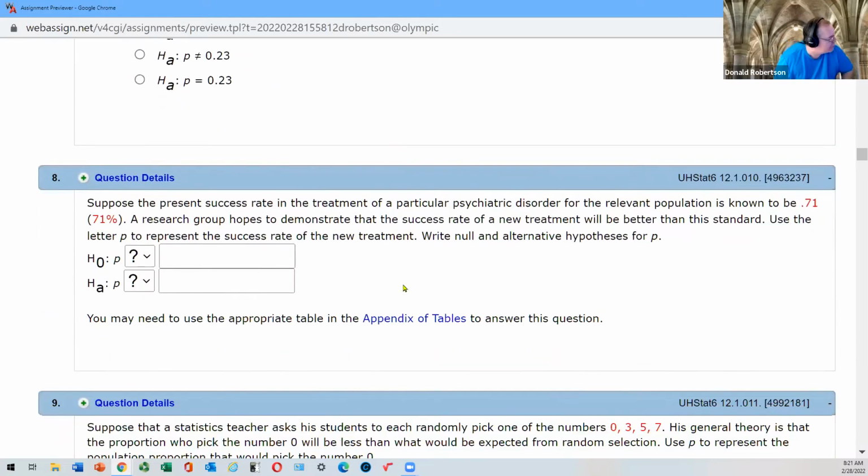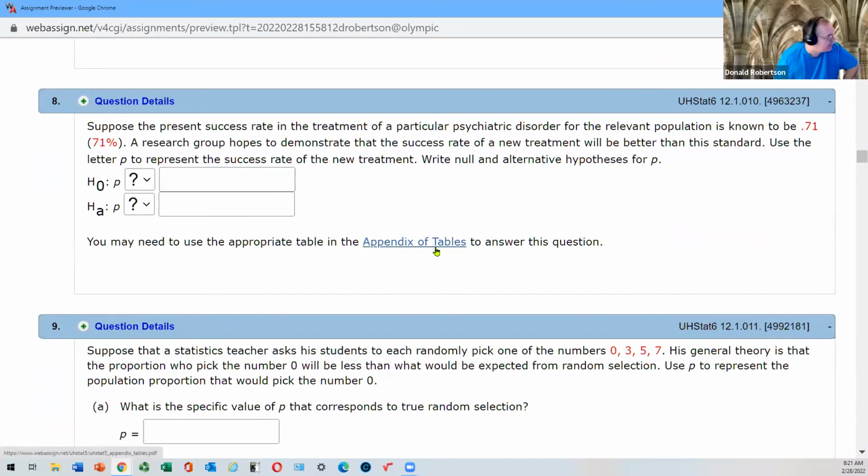Well, here's a new story. Suppose the present success rate in the treatment of a particular psychiatric disorder for the relevant population is known to be 0.71, right? So it's 71% effective. A research group hopes to demonstrate that the success rate of a new treatment will be better than that.